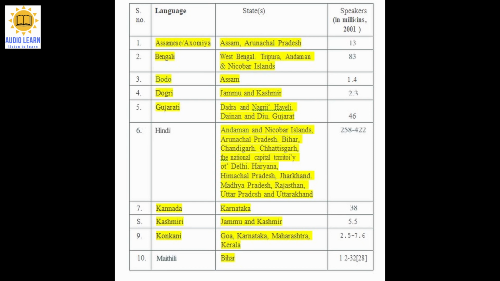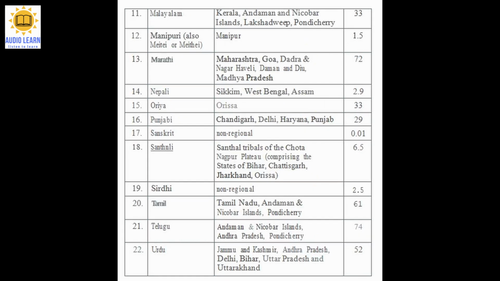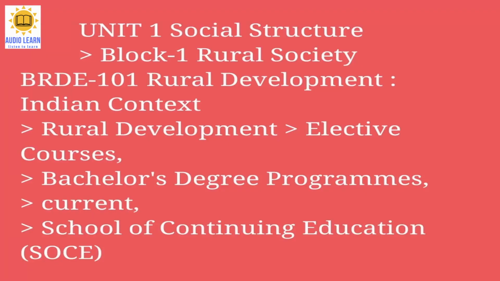1.6 Let us sum up. In this unit, efforts have been made to acquaint you with important features of social structure. This unit has highlighted key features of social structures which have been divided into 4 parts, namely 1. rural, urban and tribal, 2. caste and class, 3. family, marriage and kinship and 4. religion and language.